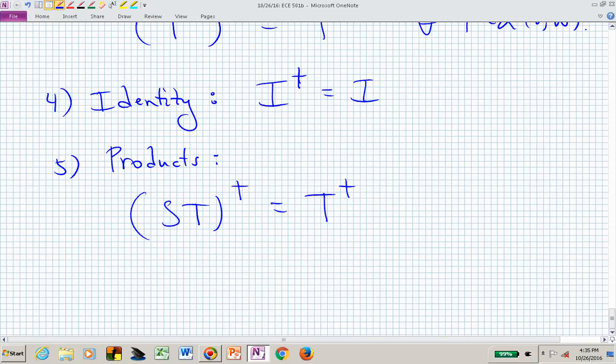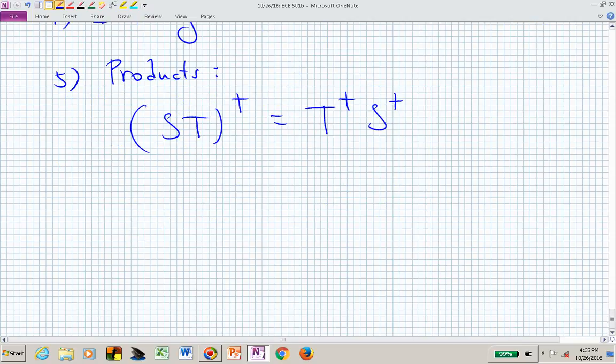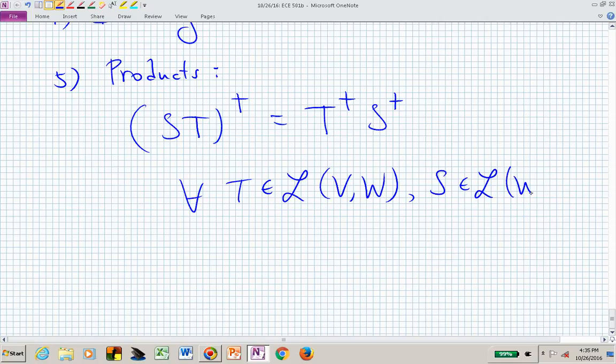We take T dagger, S dagger, and that's equivalent to the adjoint of the product of two linear maps. And that's true for T, taking us from V to W, and S being a linear map from W to U.